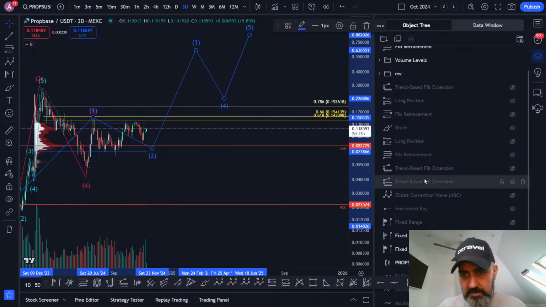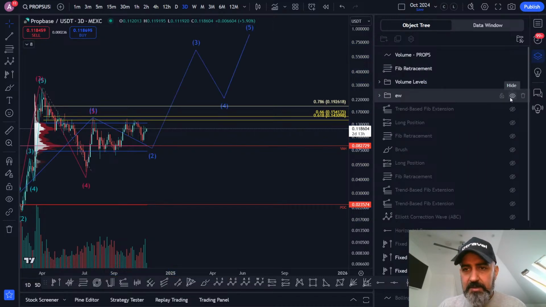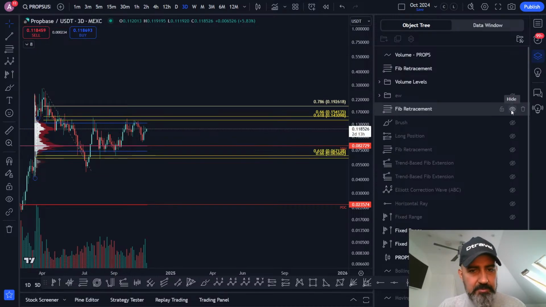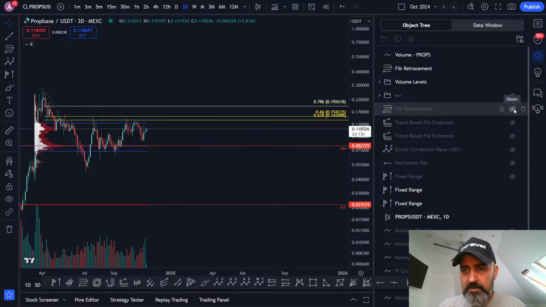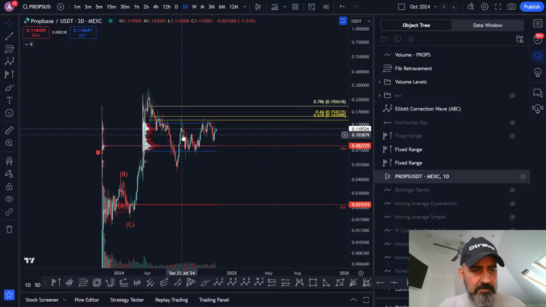Right. Let me just pull that into my EW, then I can hide it like that. Let's have a look at these. Let me just delete these now, and I can redo them if I want to. Some pullbacks, trend base. I can redo those. What's that correcting?